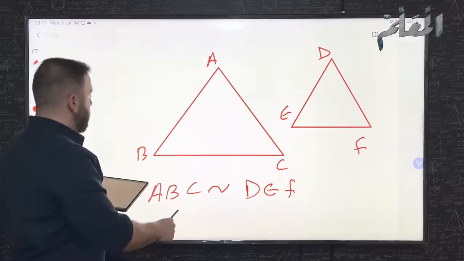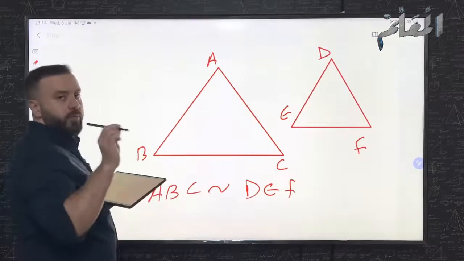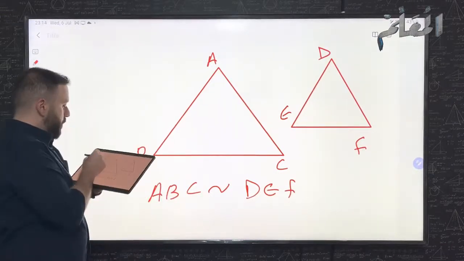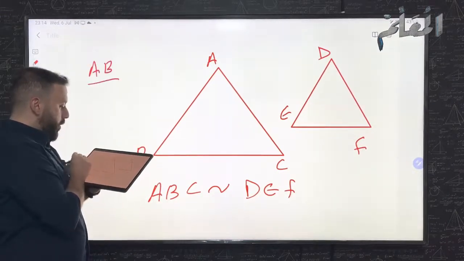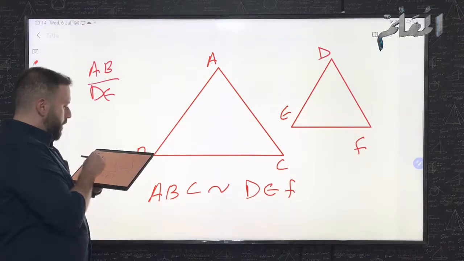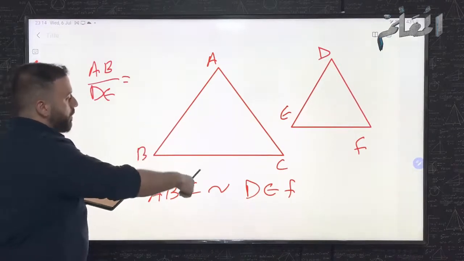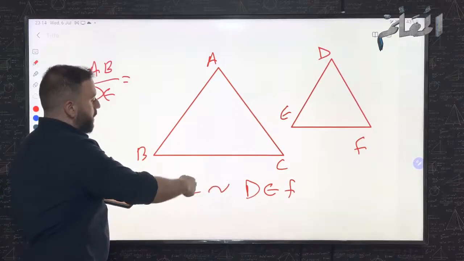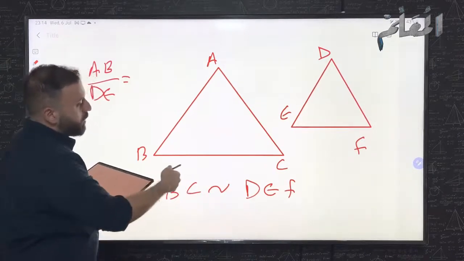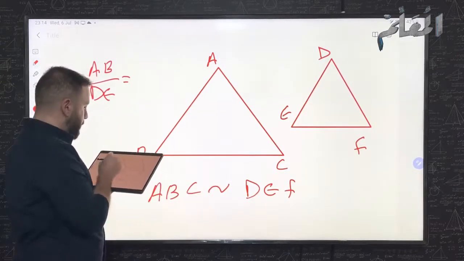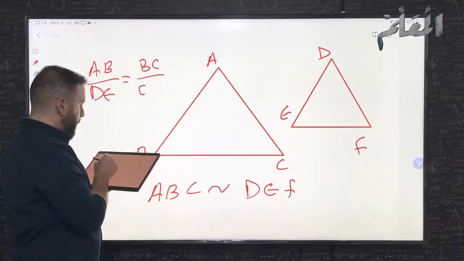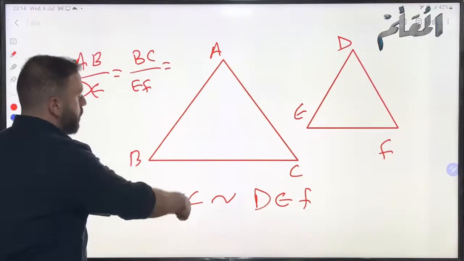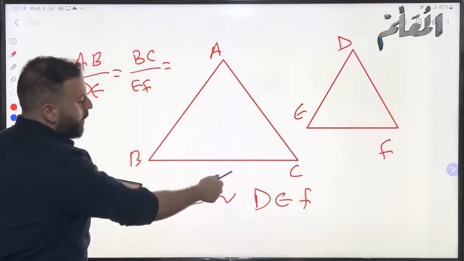So in this case, since they are similar, I have to say now the ratios, which is AB over DE is equal to BC divided by EF is equal to AC divided by DF.